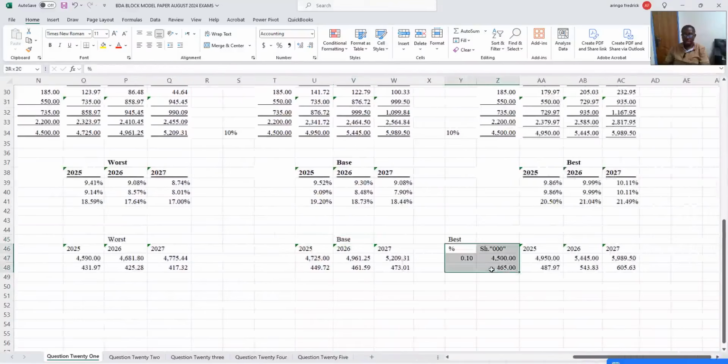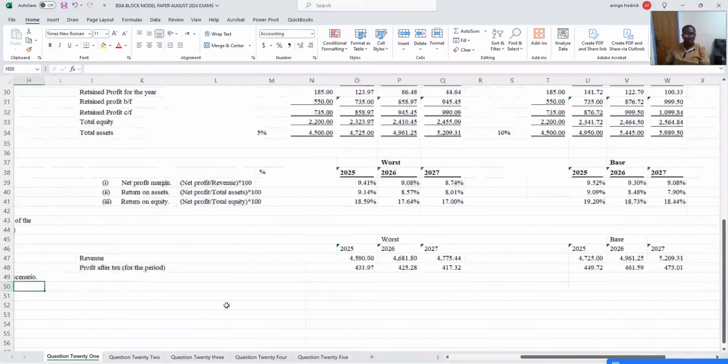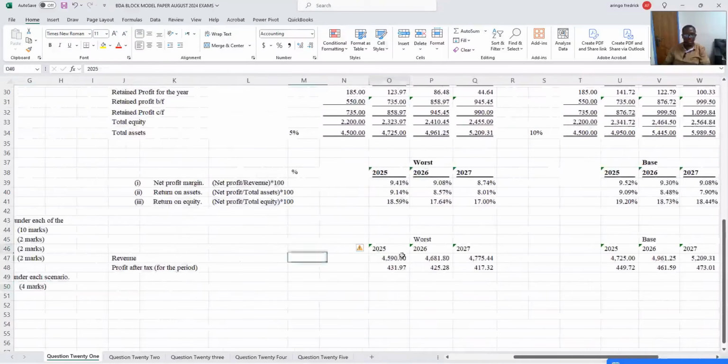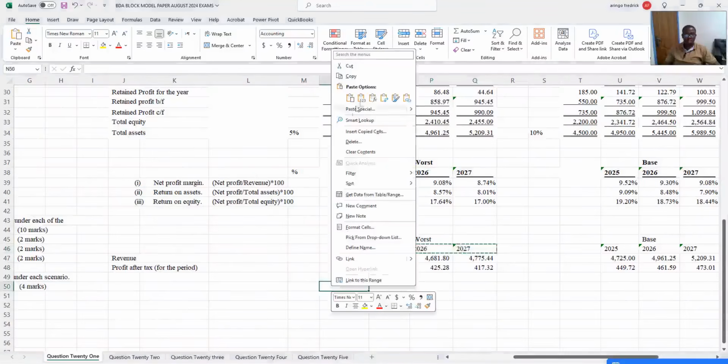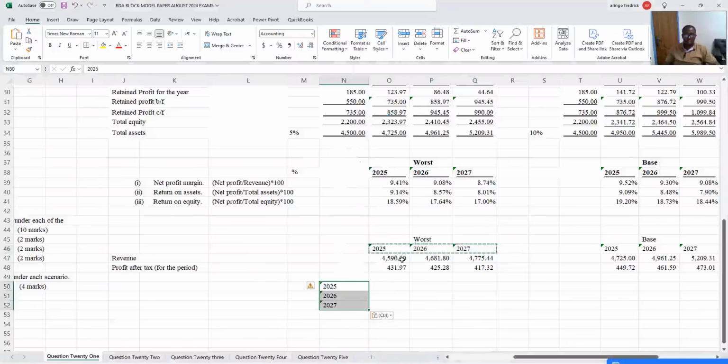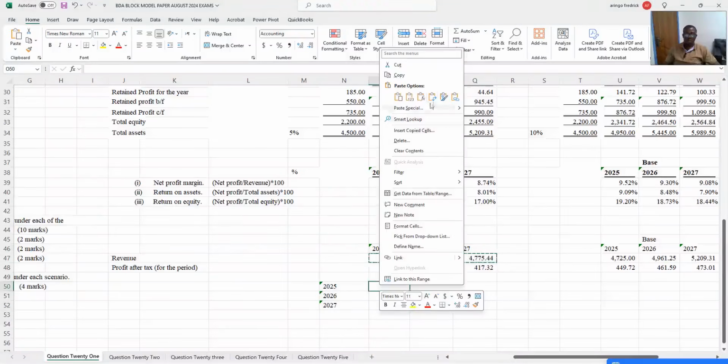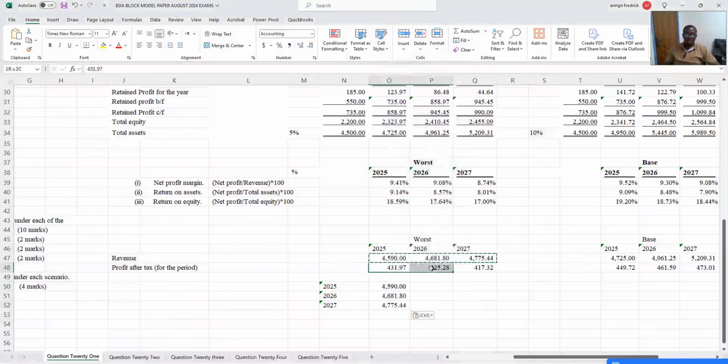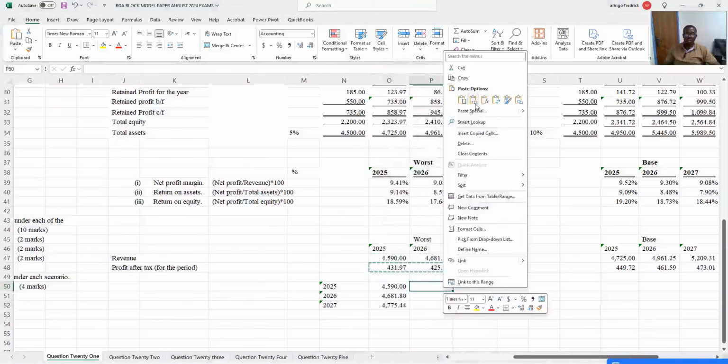Estimates for best case scenario. I am interested with these cases, so that once we have that, we can transpose them, right? So that this one we have our 2025 period. This is our revenue. We transpose our revenue, and this is our profit after tax. We transpose them at that point.